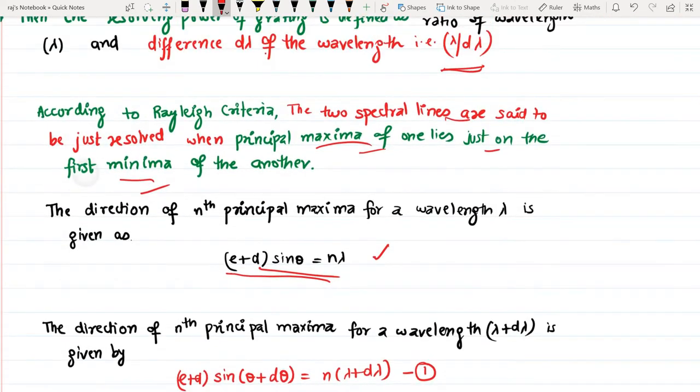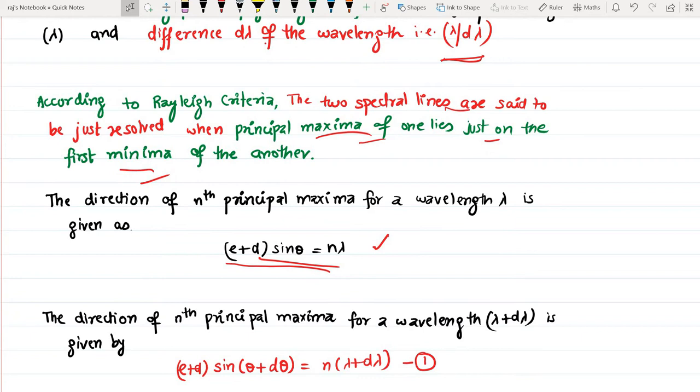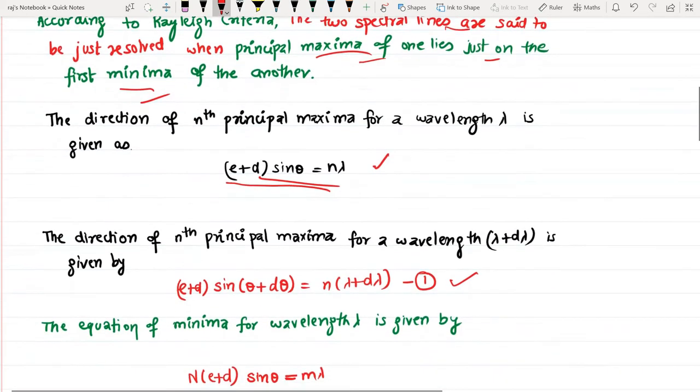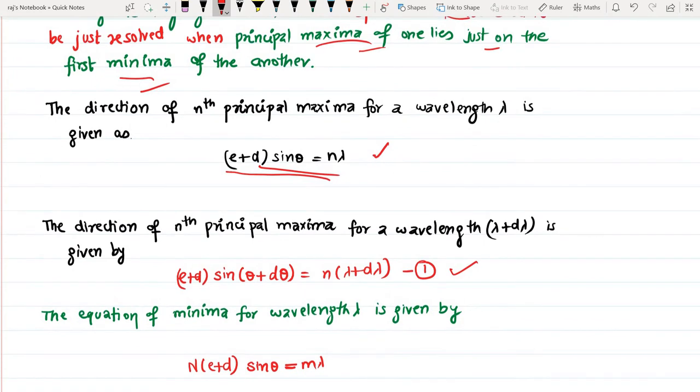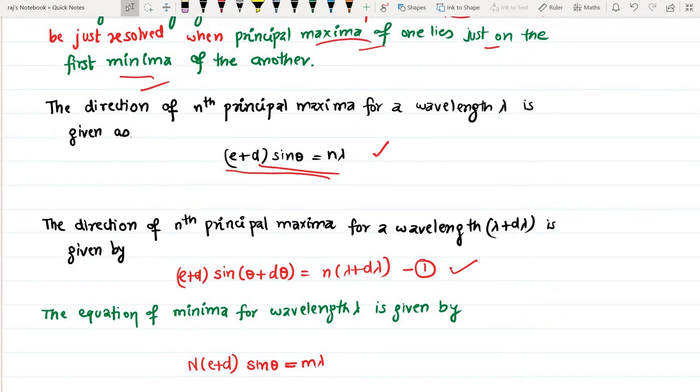We can write (e plus d) sine of (theta plus d theta) is equal to n into (lambda plus d lambda). Now we will write the minimum equation. We already know the minimum equation as N into (e plus d) sine theta is equal to m lambda, where m can take any integer value except 0, N, 2N up to nN.